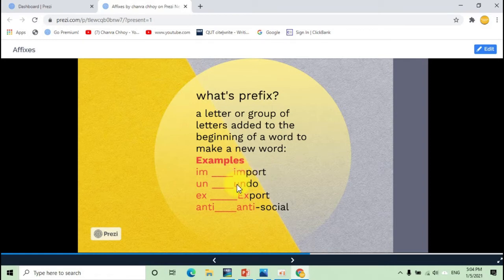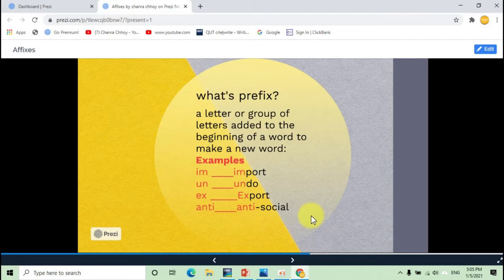And un, we add to the beginning of the word do, so undo, which means not do it. Ex, we add to the beginning of the word port, so export, which means to bring something out. And anti means against. When we add it to the beginning of the word social, it becomes antisocial, which means someone who doesn't like to talk, communicate, and work within a group or community.